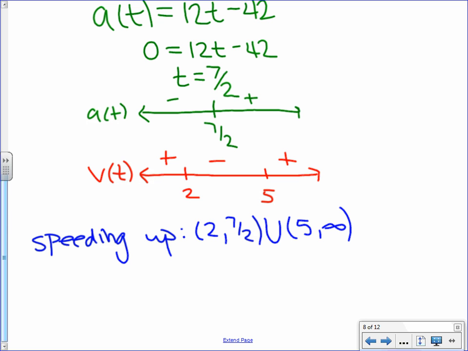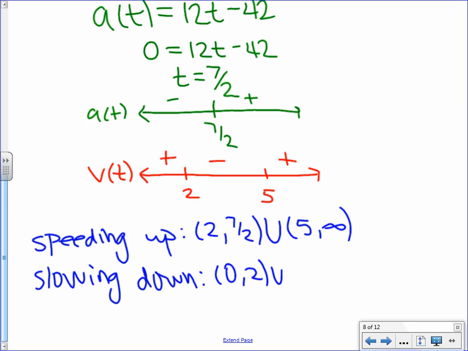When they have the same sign, we are speeding up. When they are opposite signs, they are slowing down. So you notice from 0 until 2, we have opposite signs, and between 7/2 and 5, we have opposite signs.